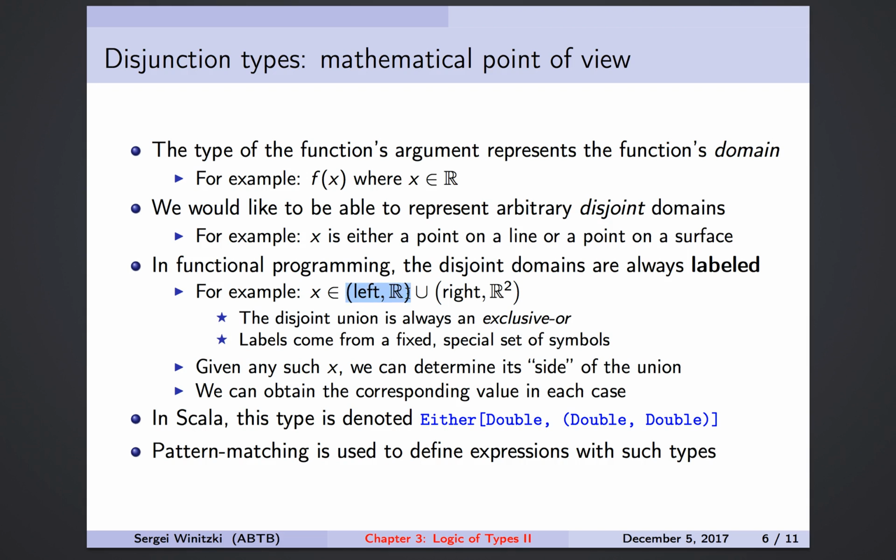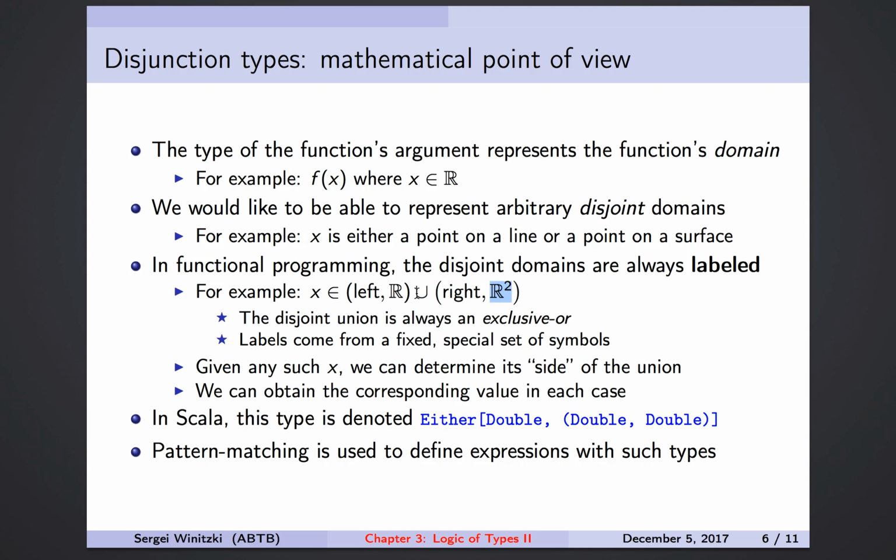The first set will be a set of pairs, where the first element of the pair is the symbol left, and the second element of the pair is some real number. And this set is the set of all different pairs where the first element is the symbol right, and the second element is some point from a surface, from R2.